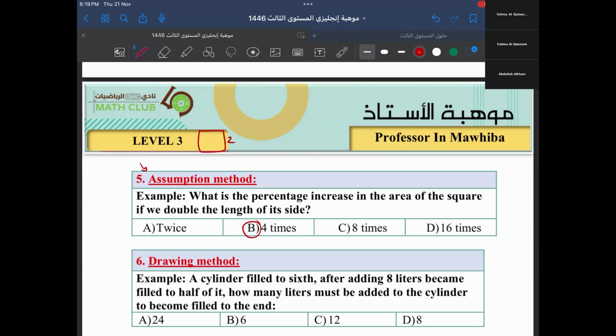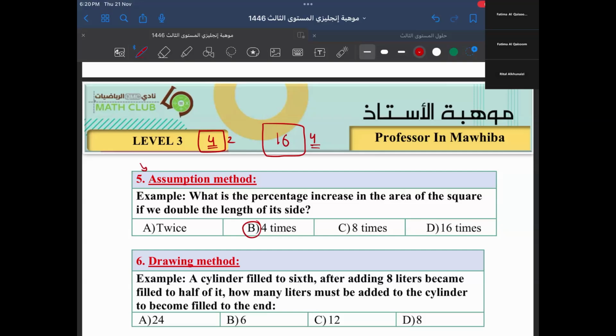So if the side length is 2, what would the area be? 4, exactly. Okay. And then I doubled the length, so it will be 4, right? And the area of it will be? 16.